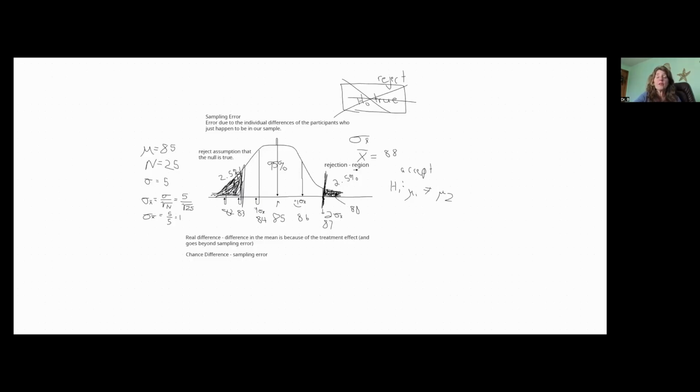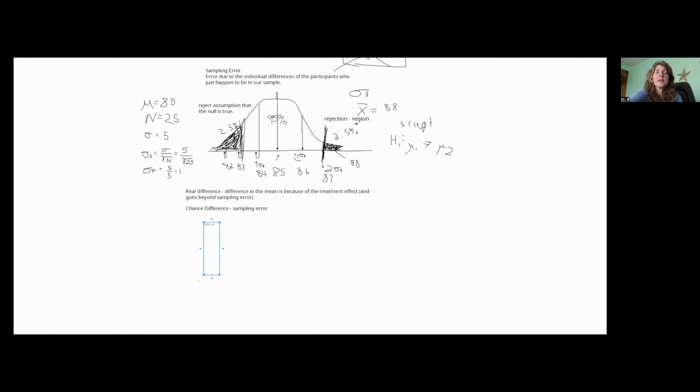Well, we learned previously about the z-score. The z-score tells us the location of a sample mean on a sampling distribution of the means. That's what a z-score tells us. And so if the z-score can get us that location of the sample mean on the normal distribution, we can compare that location with our rejection region.